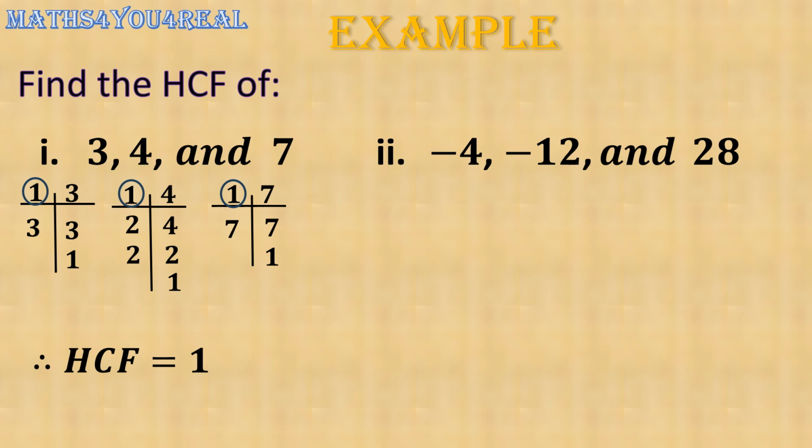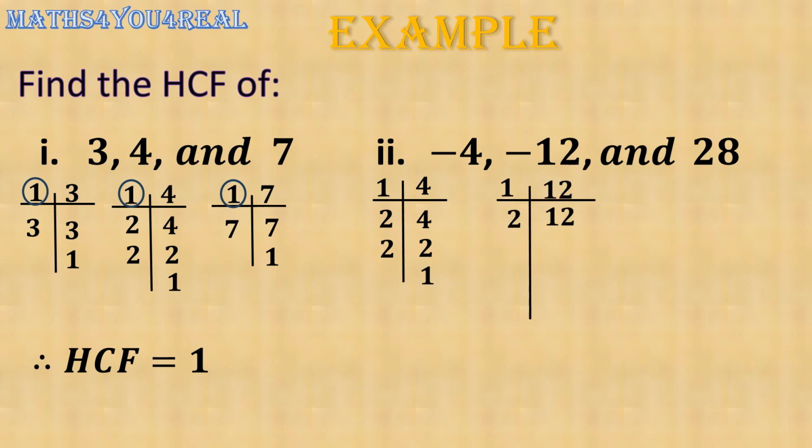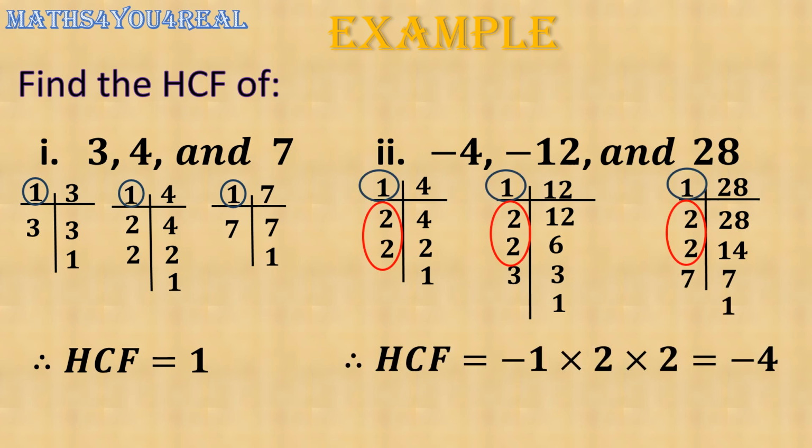Also, for 2, the working is as follows. The HCF should be negative because two of the numbers are negative. Therefore, the HCF is -1 times 2 times 2, which is equal to -4.